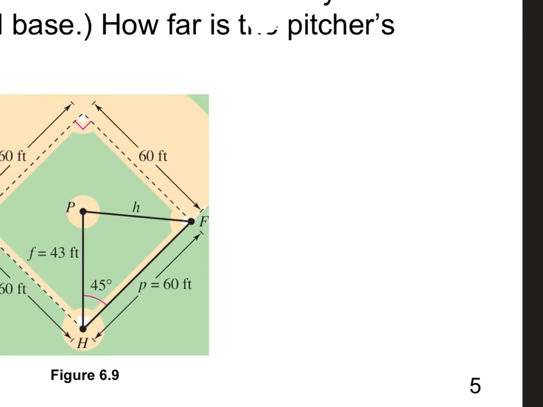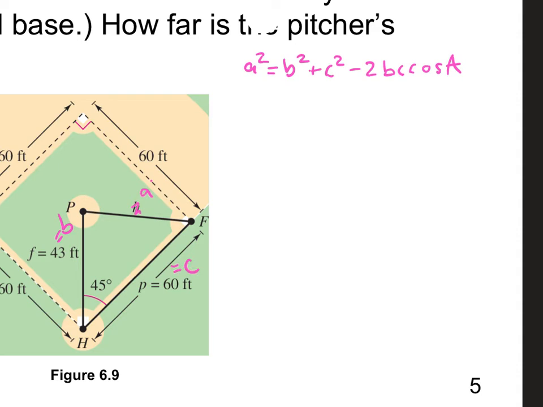Alright, so we're using standard form. We have a squared is equal to b squared plus c squared minus 2bc cosine A. So h is going to be our a squared, or our a, that's what we're trying to find. And then we can say this is b and this is c.